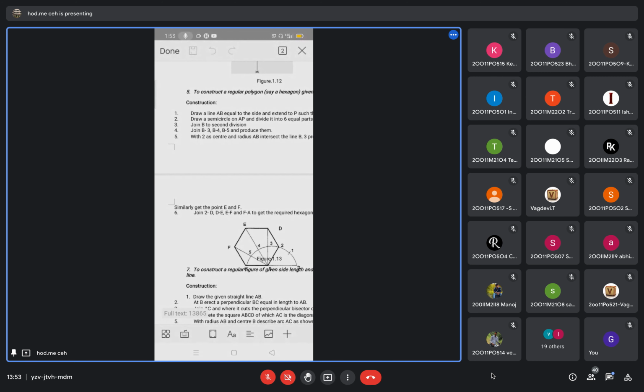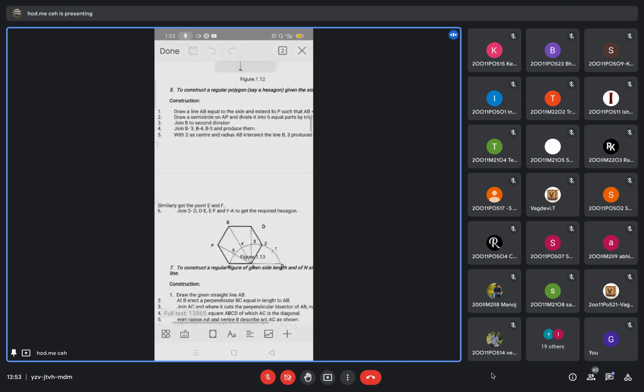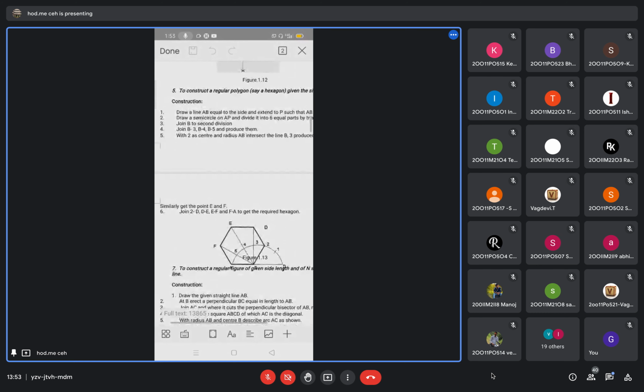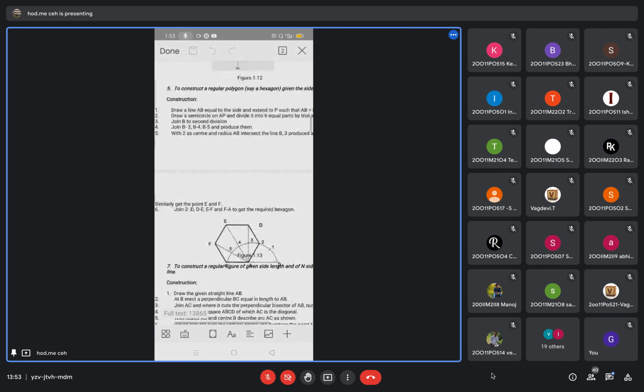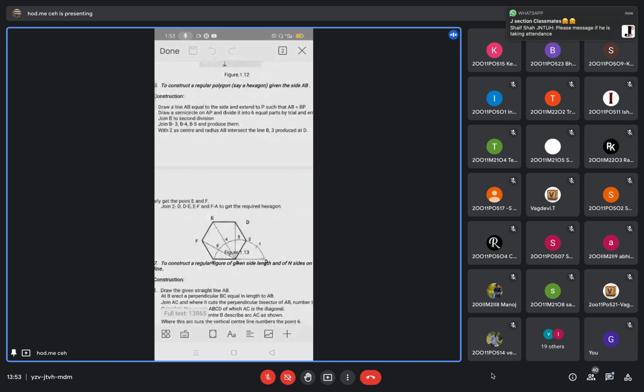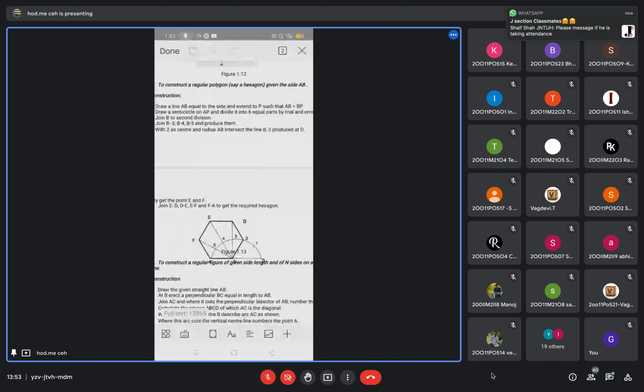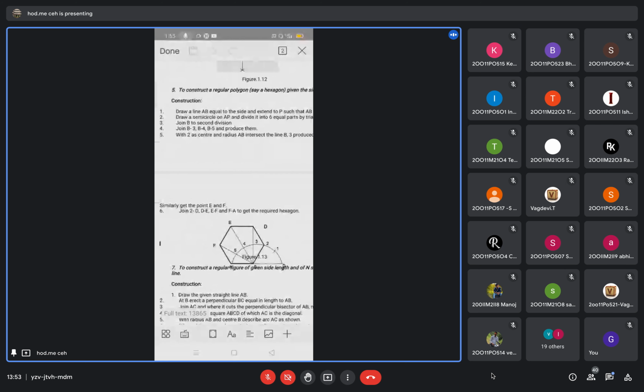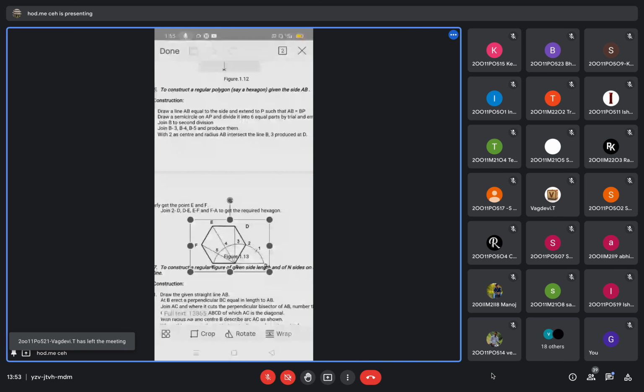Produce this point here. With 2 as the center and radius AB, intersect the line B3 produced at D. Draw the circle with the center and radius AB, intersecting the line B produced.